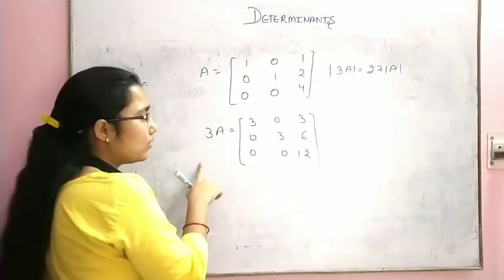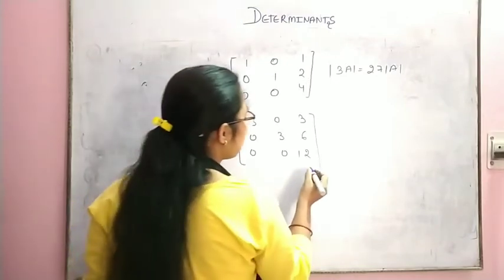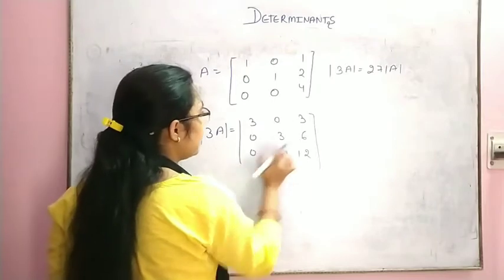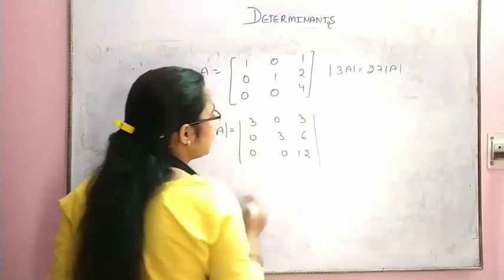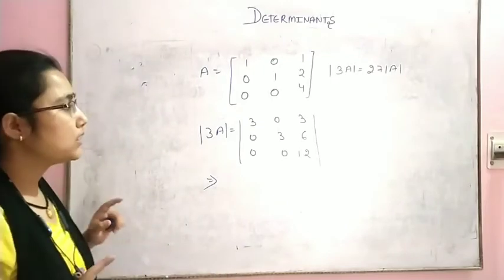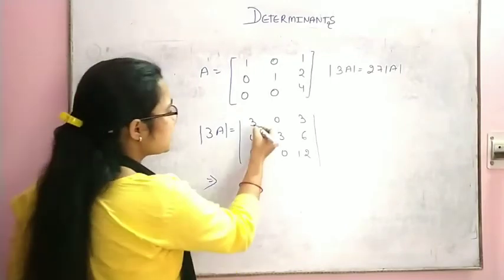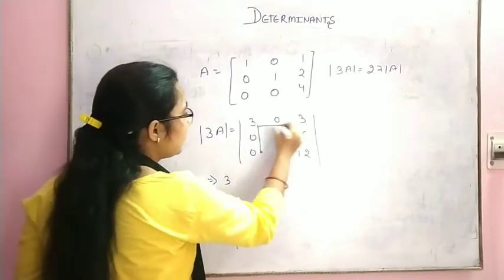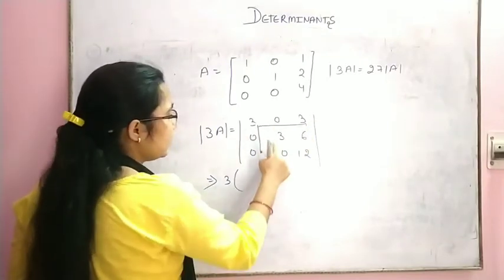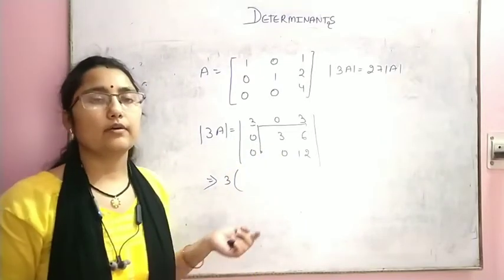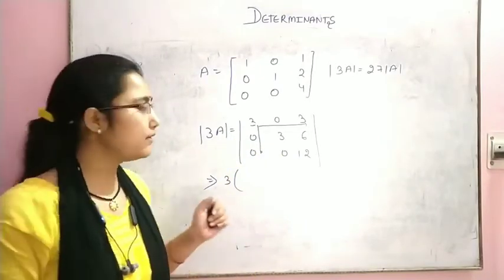Now, find out the value of this matrix. The rule for finding the third order determinant is, firstly write down 3 here and the corresponding row and column will be cancelled out. The remaining 4 elements are solved as we find the value of a second order determinant.